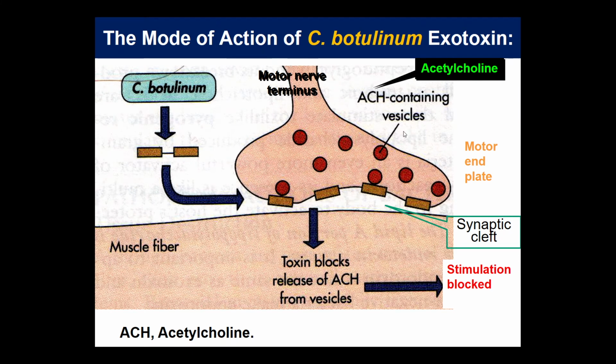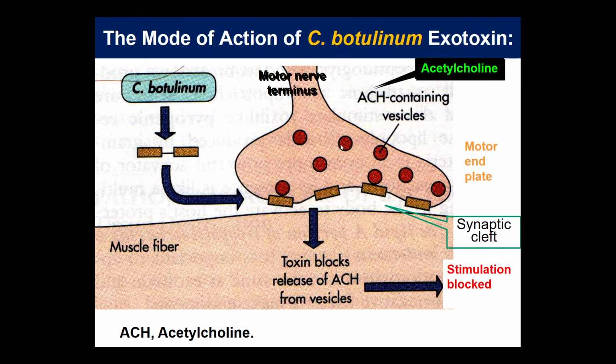enters the synapse. This is a neuromuscular synapse. In the upper part you see the nerve ending, in the lower you see the muscular fiber. The presynaptic membrane on the side of the neuron is coated by the botulinic toxin, which prevents release when a nerve impulse enters this part of the neuron.